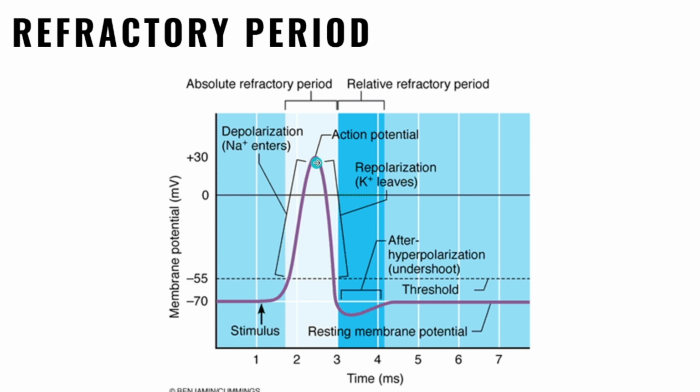The depolarization phase is open. But when it reaches the repolarization phase, it starts to inactivate. It is already closed. Once it is closed, no matter how strong your stimulus is, they still cannot open. They need to complete first. This is what we call the absolute refractory period.